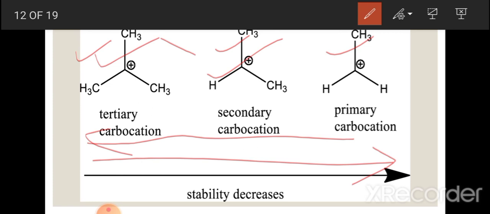So just leave that portion. I am not skipping the portion, I am leaving it for some time. When I deal with chemical bonding and structure of compounds, I will definitely explain these structures also. So don't worry about it. I will explain all the aspects which are given in your book. So this is your carbocations.